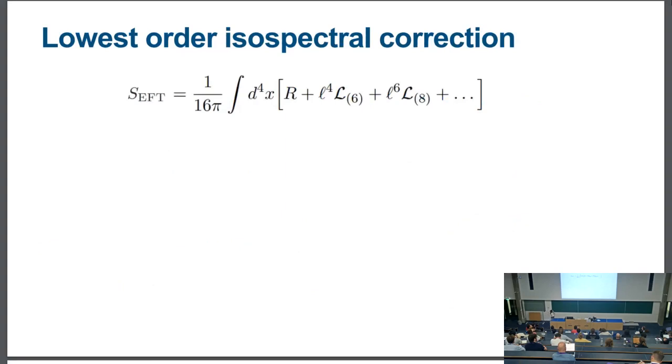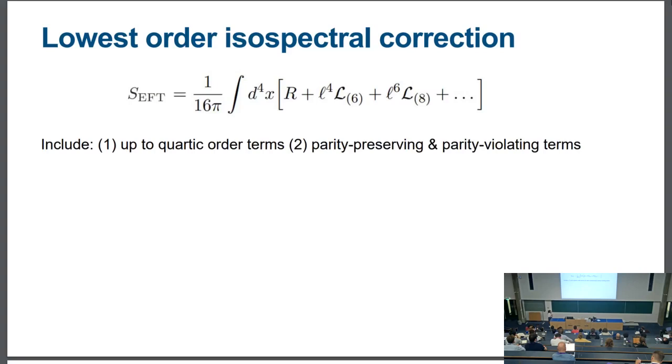Now I'll go to the actual EFT. I want to write down an effective field theory up to quartic order. Moreover, I want to have parity preserving and parity violating terms. So I have the Ricci scalar. I should have also an L4, but upon field redefinitions, you end up finding that it's topological, so that's why it doesn't appear here. Then you have your cubic terms and your quartic terms. And L is just some energy scale.